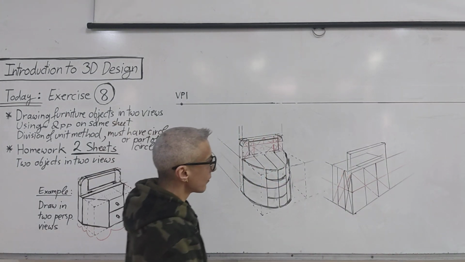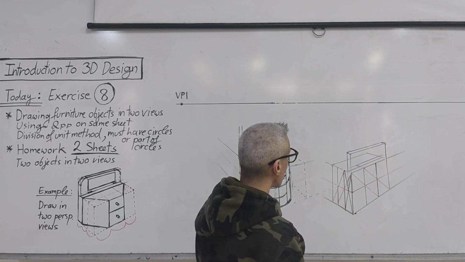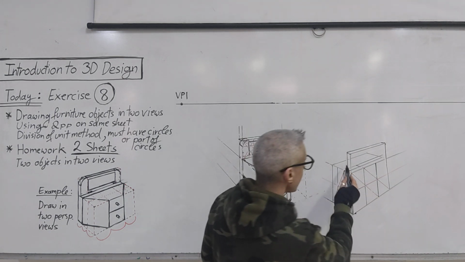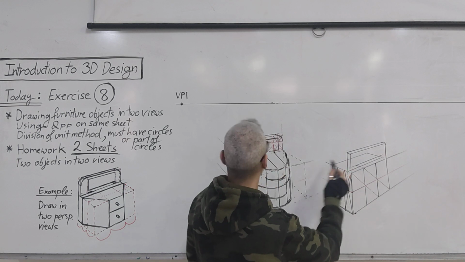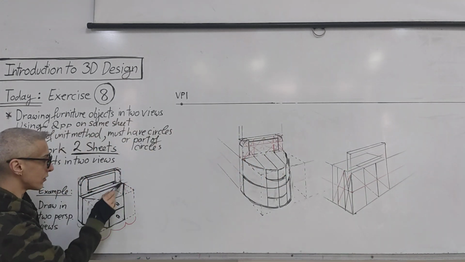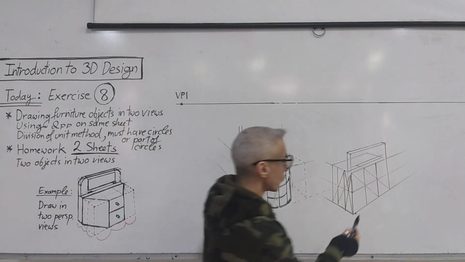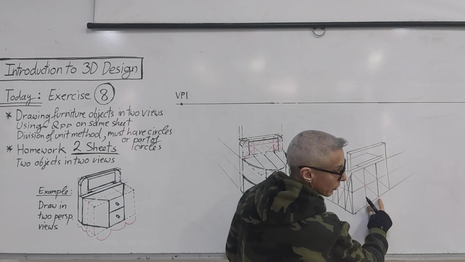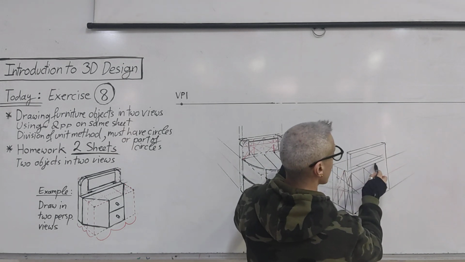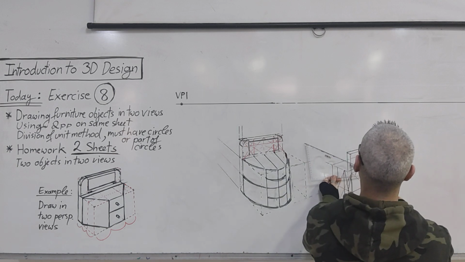Now, again, we have this part here, which is the cuboid. We have this line and this line and this line to find, okay? So we already know the location of the mid one, okay? So from here, from this point and this point to the vanishing point, we take.